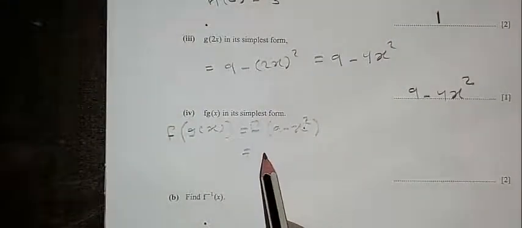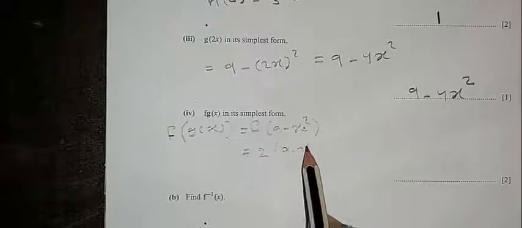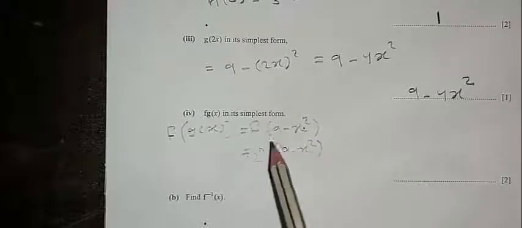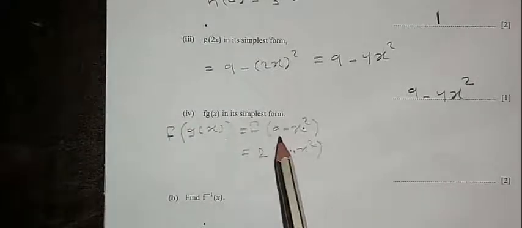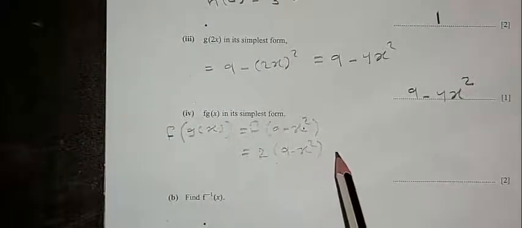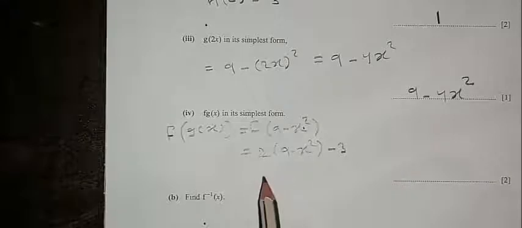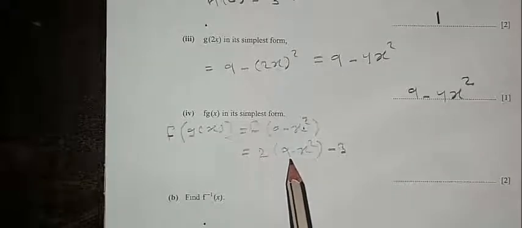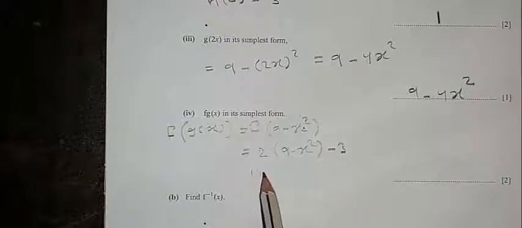This equals 2 times (9 minus x squared), because before it was 2x. We removed x and put 9 minus x squared, and then in the function f, 2x minus 3, there is minus 3. In its simplest form, we simplify: 2 times 9 is 18, and 18 minus 3 is 15.